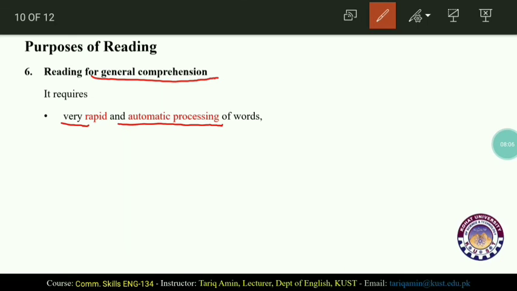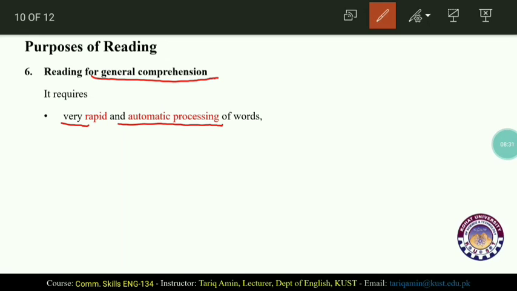When we read for general comprehension, we process the words automatically and very rapidly. For example, you read a text about a particular topic, but your purpose is not academic or examination purposes; you read it for your general understanding.